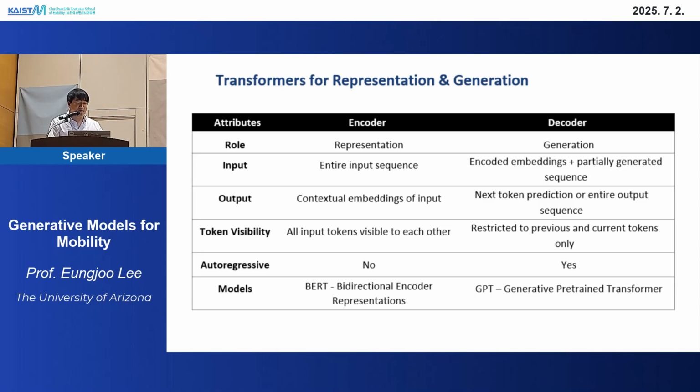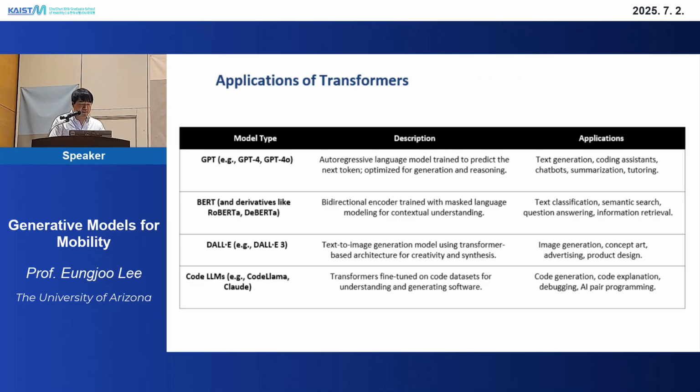The output from the encoder is contextual embeddings of the input, and the output of the decoder would be next token prediction or the entire output sequence. So that's why this is the generation part.